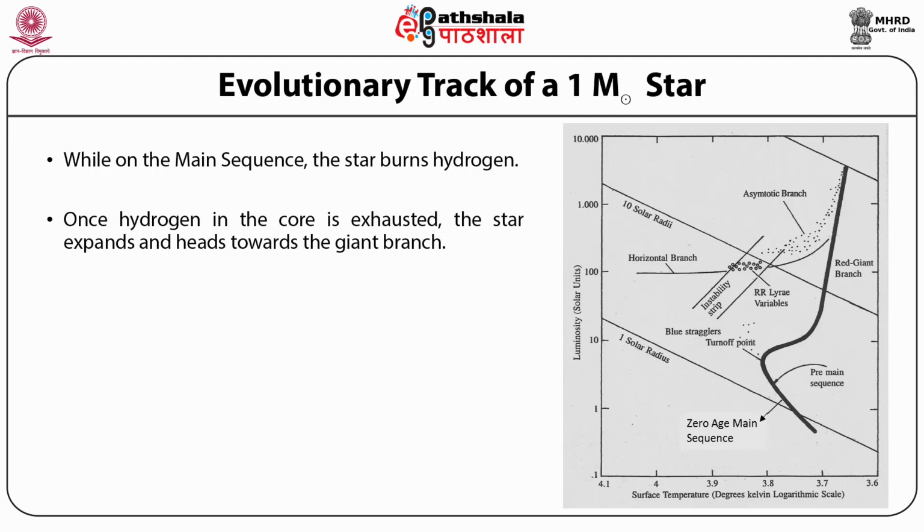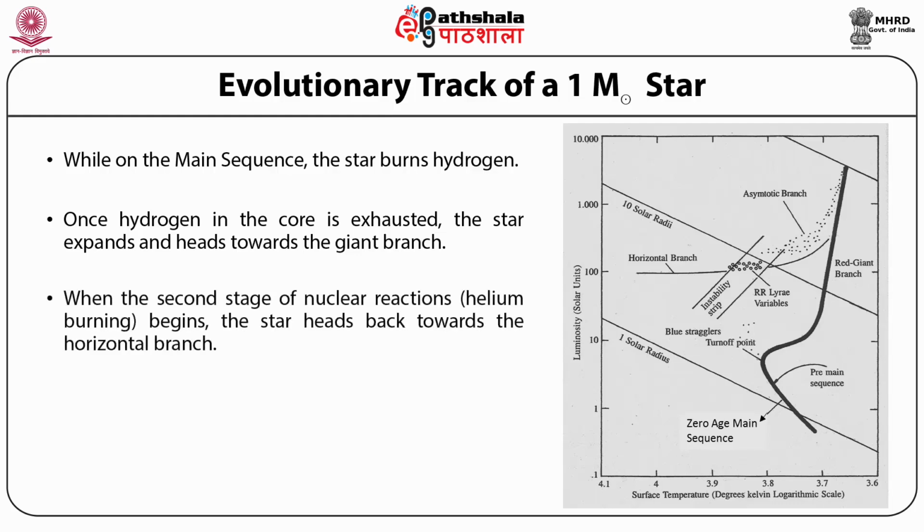Once the hydrogen in the core is exhausted, the star expands and heads towards the giant branch. Now, when the second stage of nuclear reactions, helium burning, begins, the star heads back towards the horizontal branch. So, once in its life, it will become a variable star.